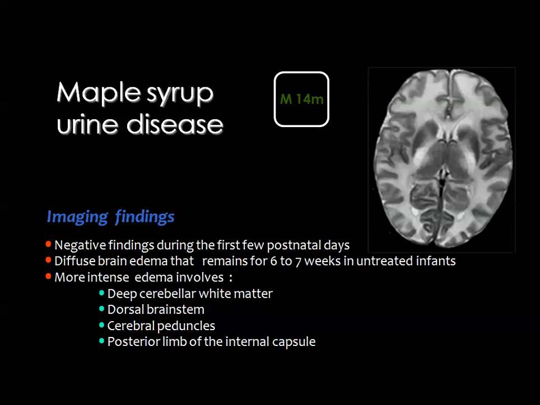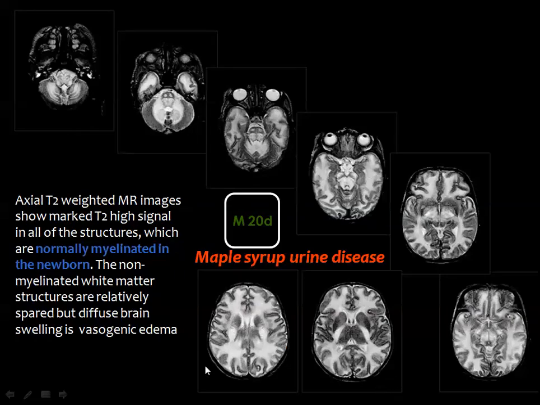in imaging in these patients are diffuse brain edema affecting the cerebellar white matter, the brainstem, cerebral peduncles, and the posterior limb of the internal capsule. You remember that the previously mentioned sites are normally myelinated in the newborn, and if you look here, you can see that in this series of T2 weighted images, there is high signal intensity in the structures that are normally myelinated in the newborn.